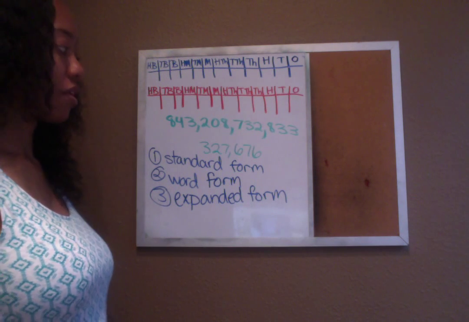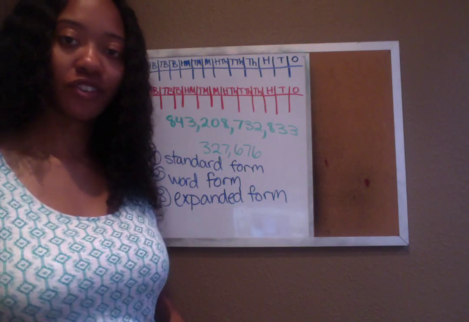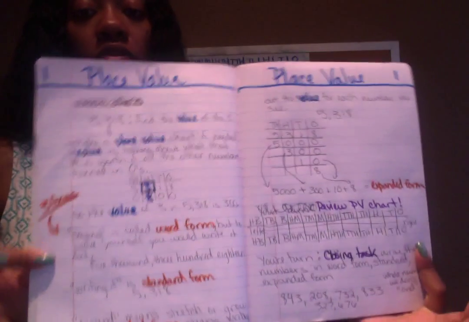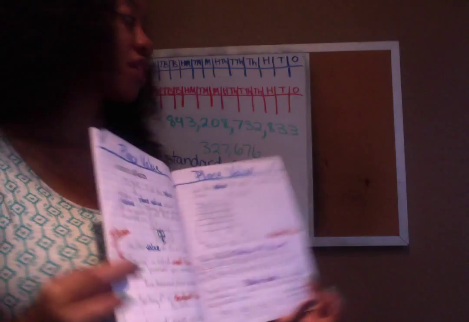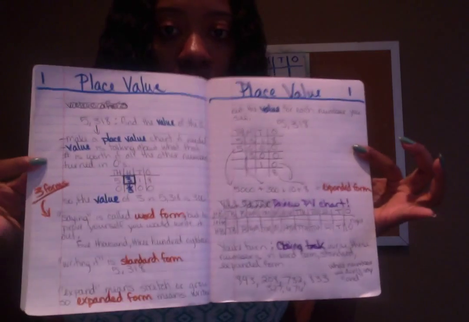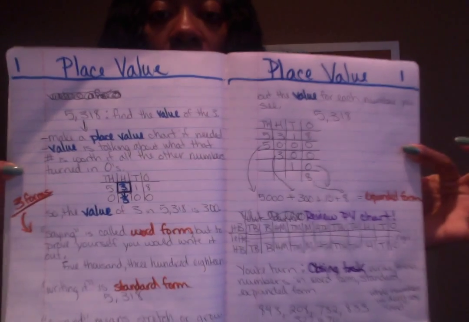Take a deep breath. You have completed your first lesson. So in your journals, as long as you have written down notes, and if you need to go back, press pause, you will see that everything that I have said, I just wrote down in my journal. So this is a model journal for you. It may look different than yours, but that is okay.